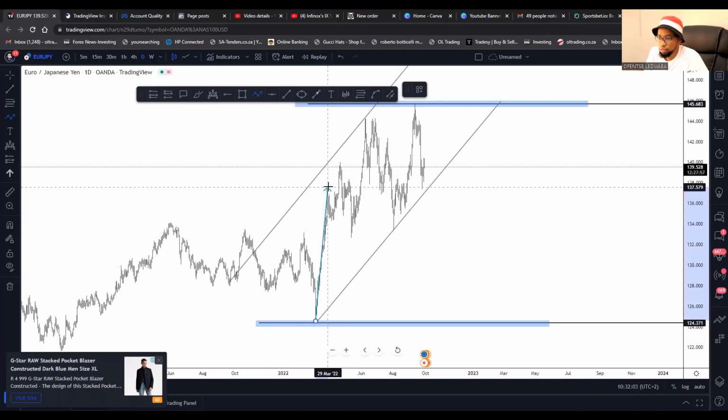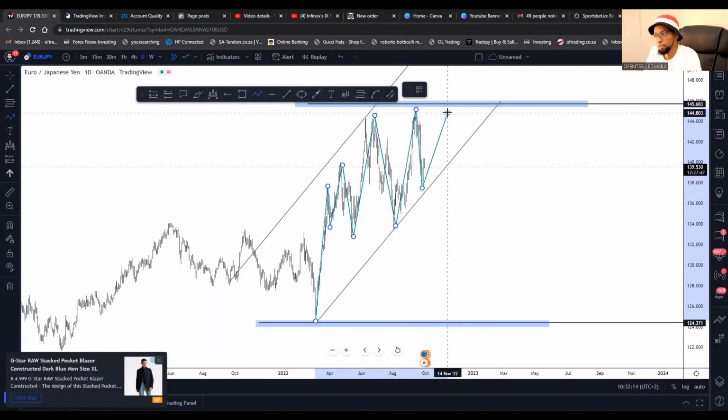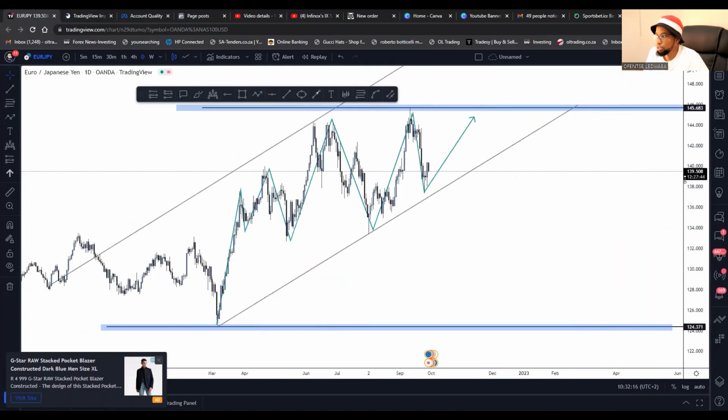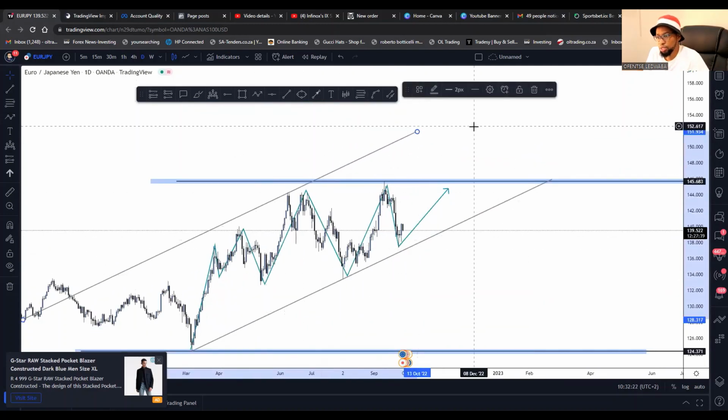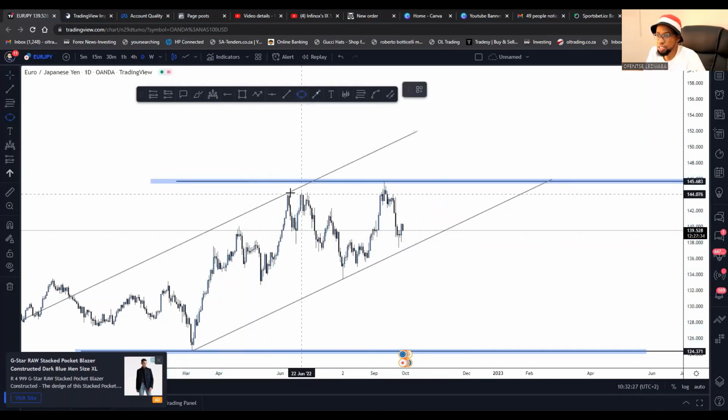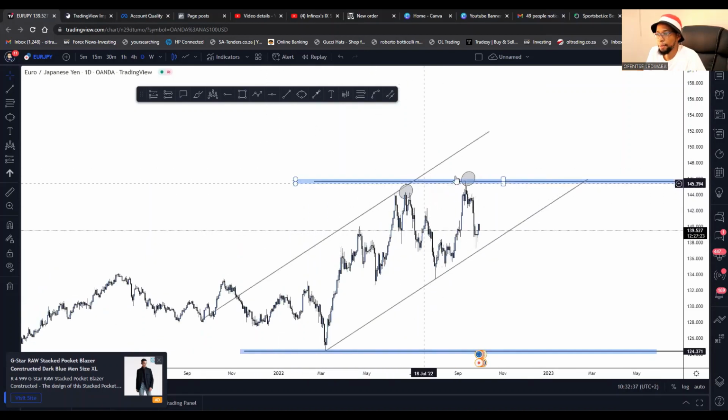We have this move first, pushing to the upside, but you can see that the overall trend is bullish, but inside the bullish move we have this certain significant area. As you can see here, we have points, you understand? So that's why here it was resisted and it pushed down.